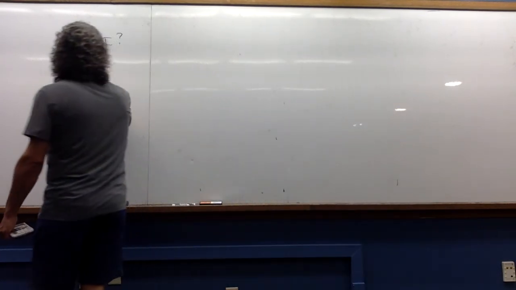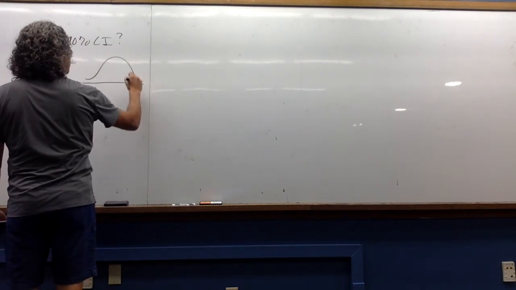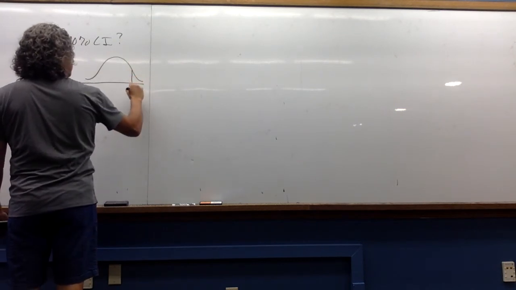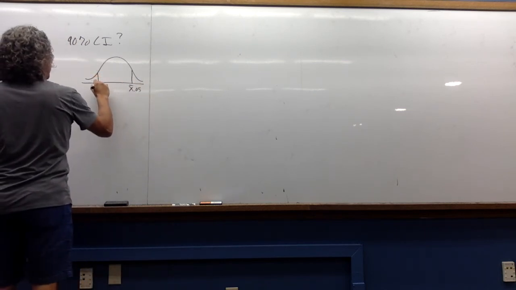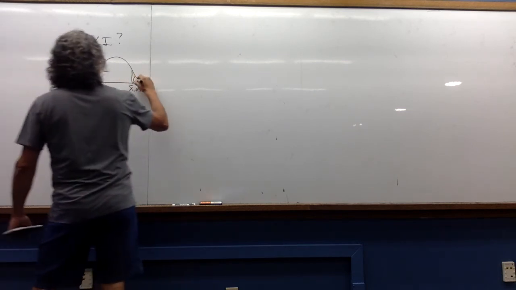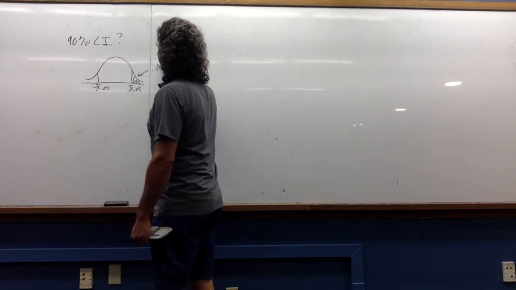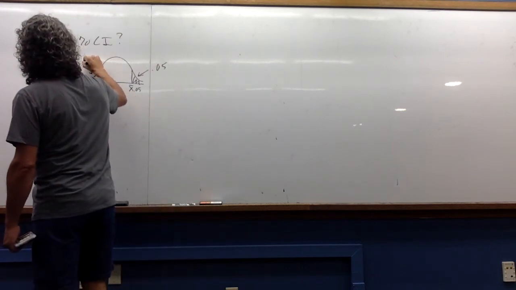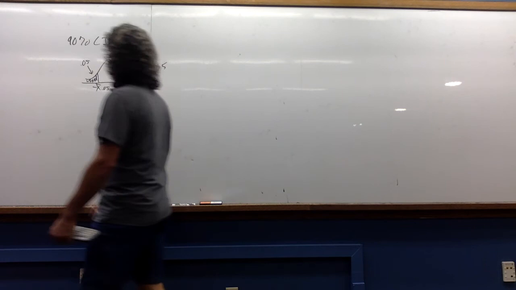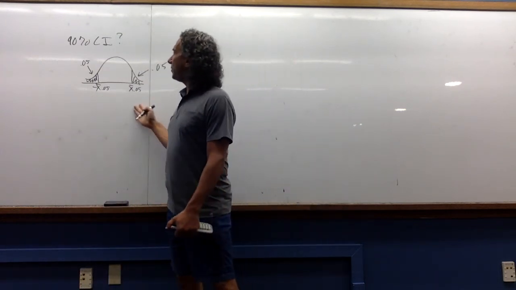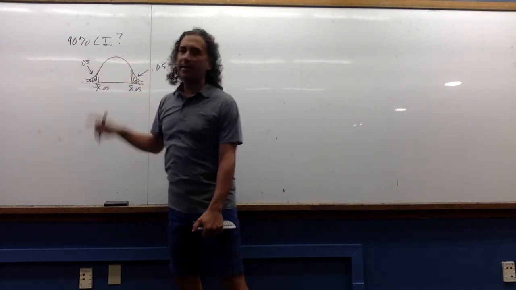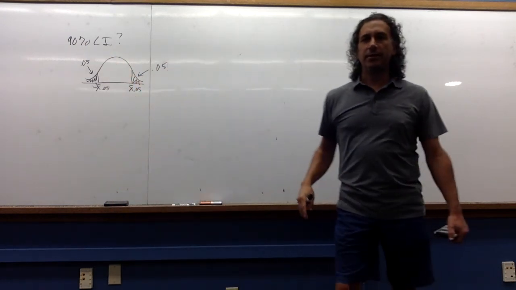If we want a 90% confidence interval, the only thing that's going to change is now I really will have 0.05 here and 0.05 here, because I want to construct those intervals so that 90% of the time I capture the true mean.